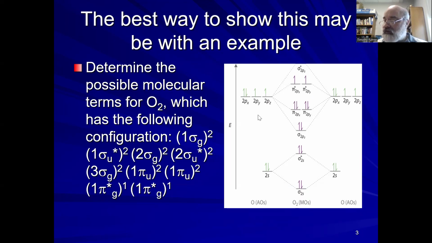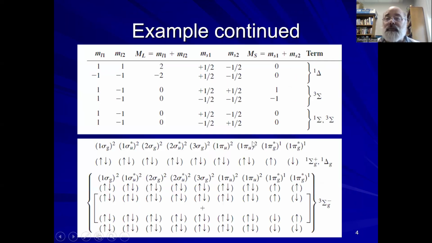Now, on this next slide, we've got listed a bunch of the other possible electron configurations for oxygen. In fact, the one that we just showed is the one on the third line here. It's a sigma state triplet.